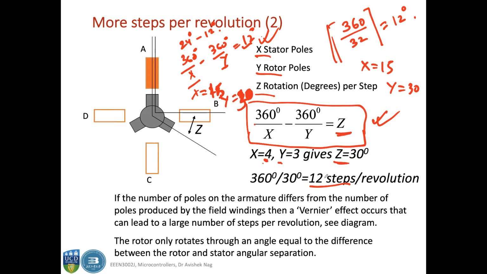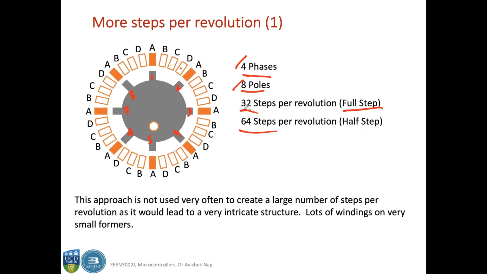Okay, so if you have 12 degrees of Z, you can still have 32 steps per revolution. So my point is that by having, let's say, fewer rotor poles and stator poles, you can still have 32 steps per revolution instead of having this complicated structure.